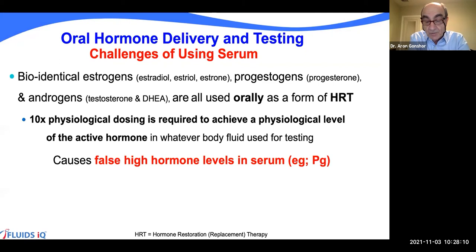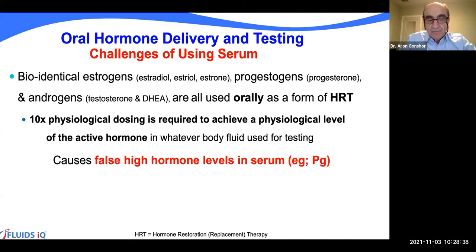And what you need to know, this is quite important, is that you need to dose 10 times the physiological level in order to achieve a physiological level of the active protein, simply because of the way in which the body interacts with what you're adding, the way in which the gastrointestinal system and other parts of the body break it down.